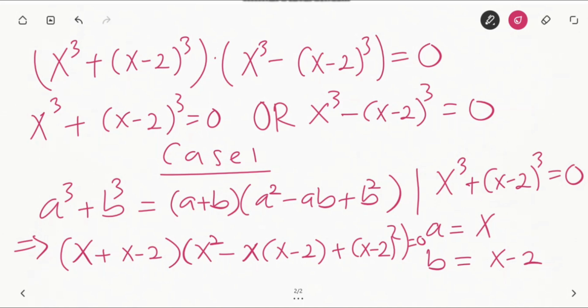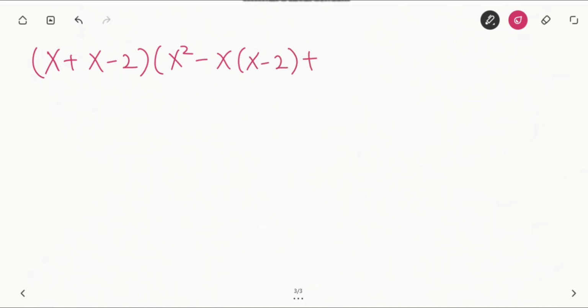So from here, when we take the expansion, x plus x minus 2 in parentheses, multiplied by x squared minus x into (x minus 2) plus (x minus 2) to the power of 2 equals 0. X plus x gives 2x minus 2.